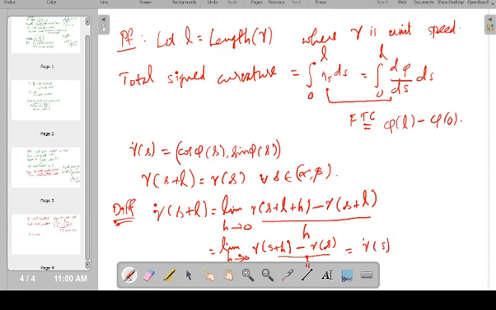So gamma of s plus L equal to gamma of s implies that, after differentiation, gamma dot of s plus L is the same as gamma dot of s. Understand?